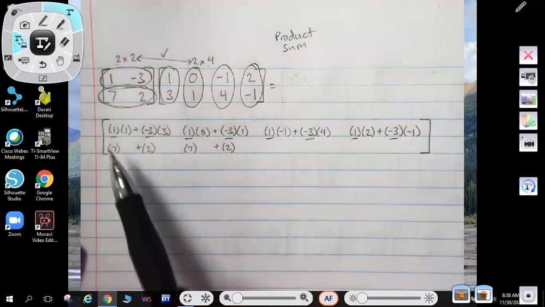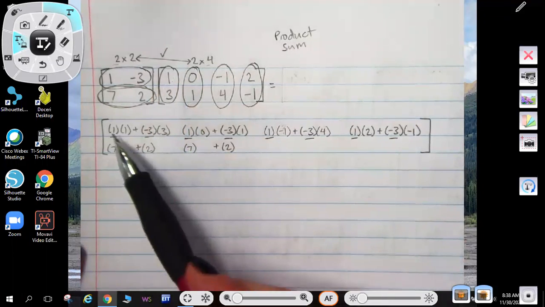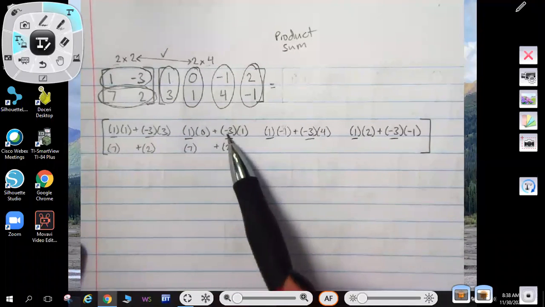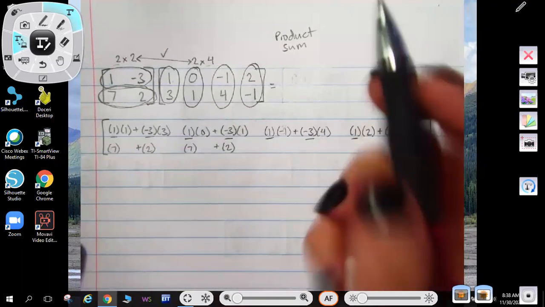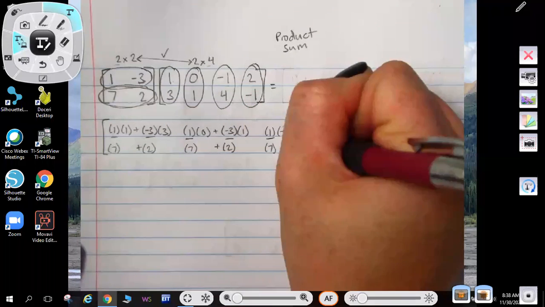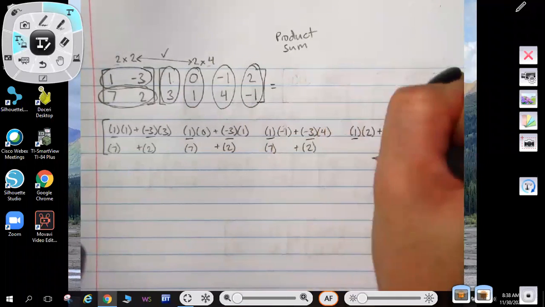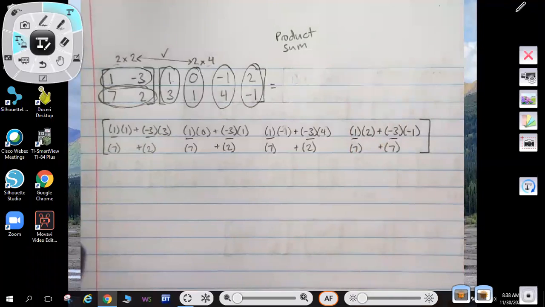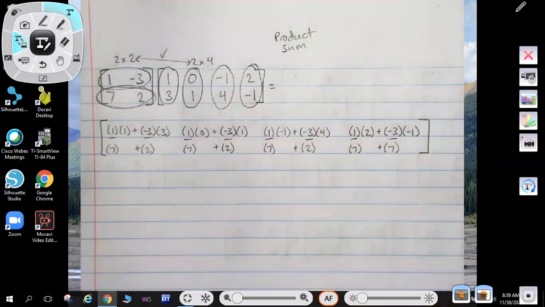For every one, I'm just moving down, writing right below where 1 and -3 is for each one of these product sums. In the second row, we're going to have 7 and 2.